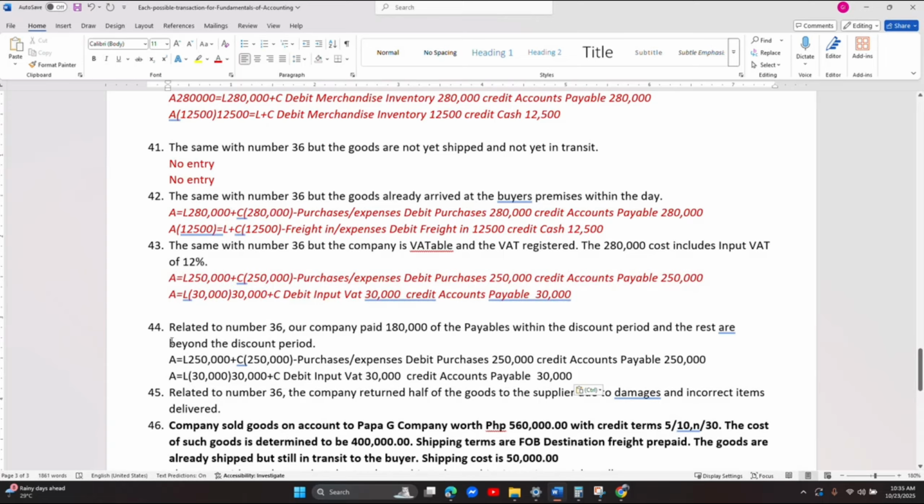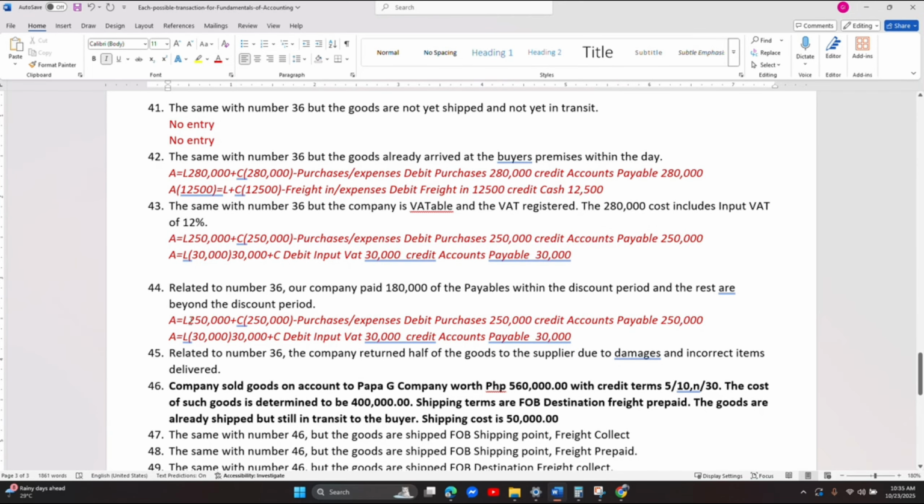First off, it's very clear that your liabilities will be reduced. So we're going to reduce our liabilities by 180,000.